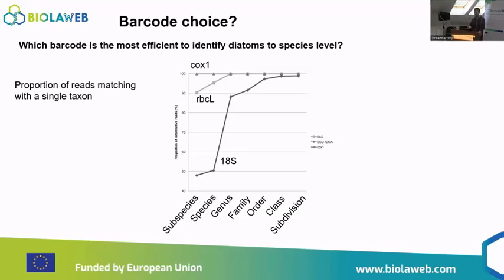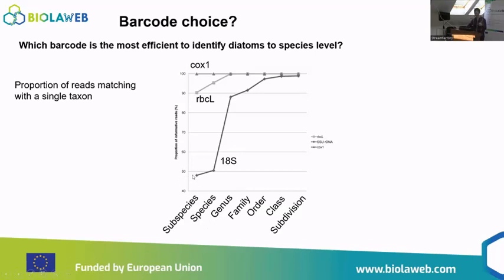So just to come back to this graph, what we looked at is different taxonomical levels. You can see here we have subspecies level, species level, genus level, family, order, and subdivision. For instance, for 18S, we see that 50% of the reads here are matching one subspecies.